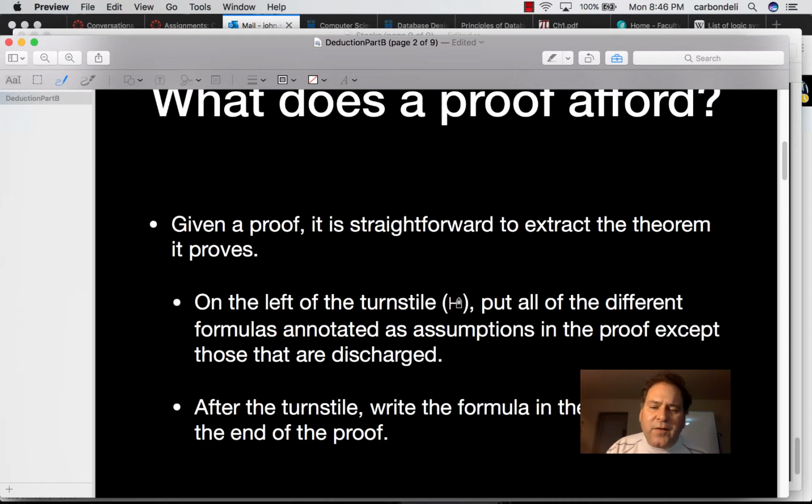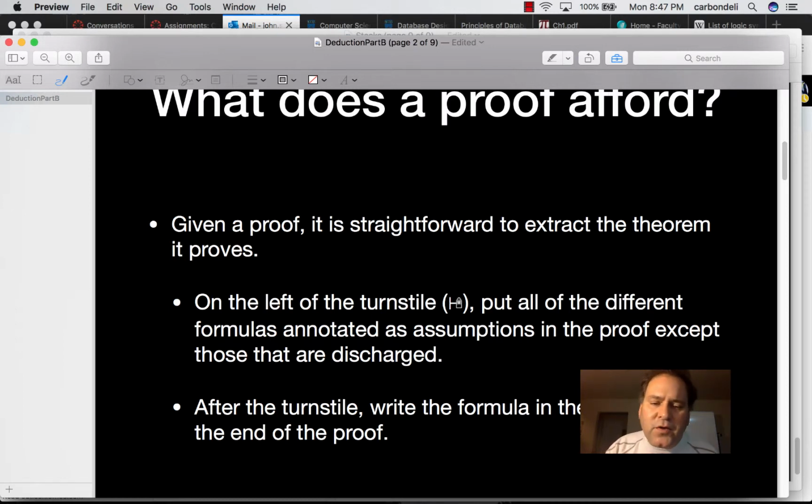And this is something that is introduced to address the possibility that some of the assumptions can't really be assumed outside the context of the proof itself.